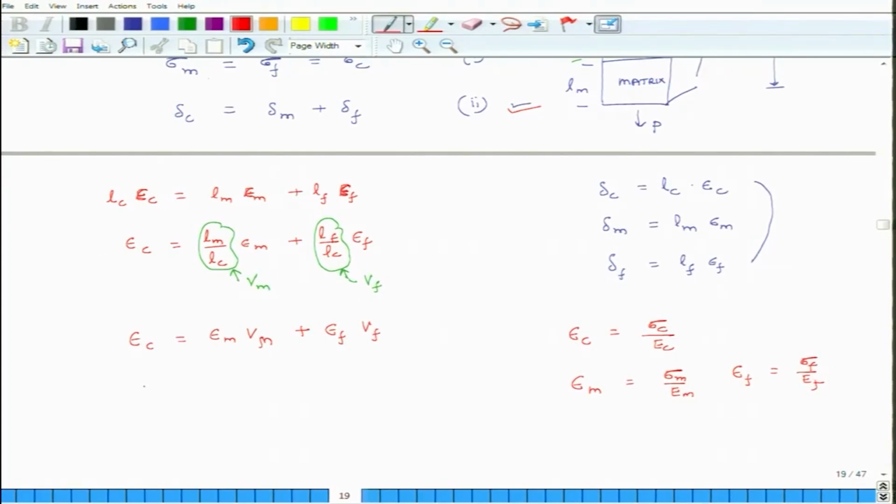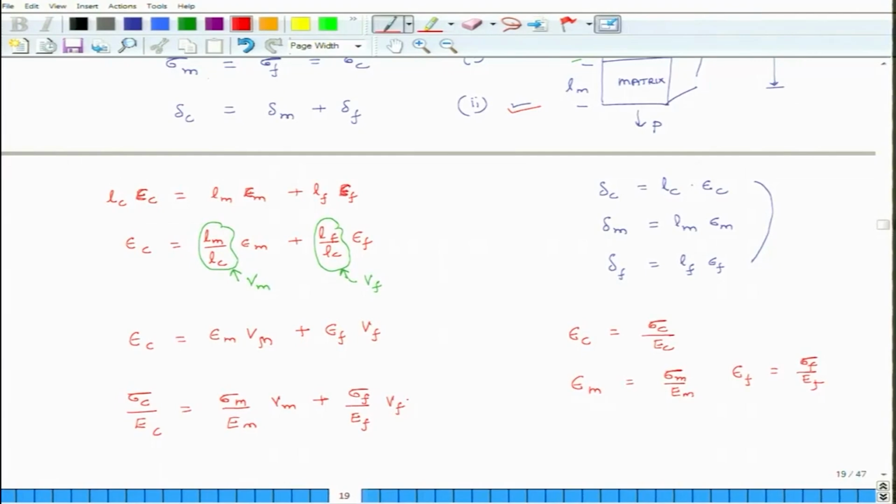So, I get sigma c by Ec is equal to sigma m by Em Vm plus sigma f by Ef Vf.